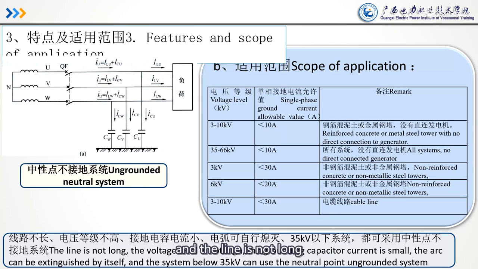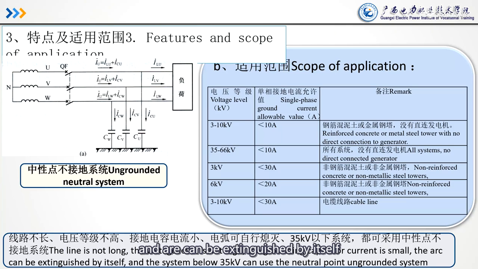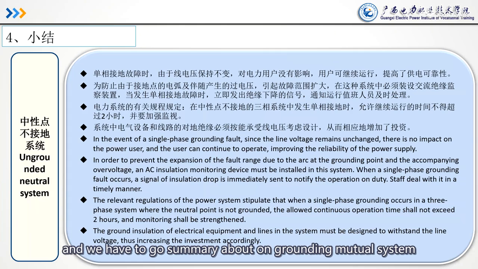You can see the line is not long, the voltage level is not high, the grounding capacitor current is small, and the arc can be extinguished by itself. The system below 35 kilovolts can use the neutral point ungrounded system.